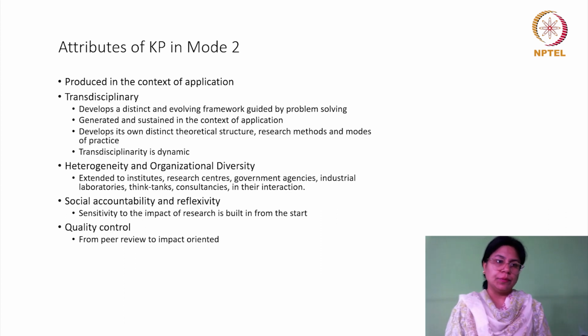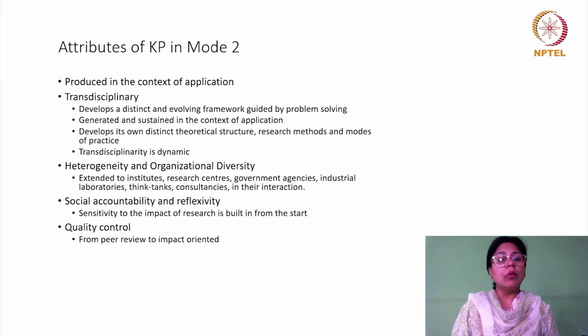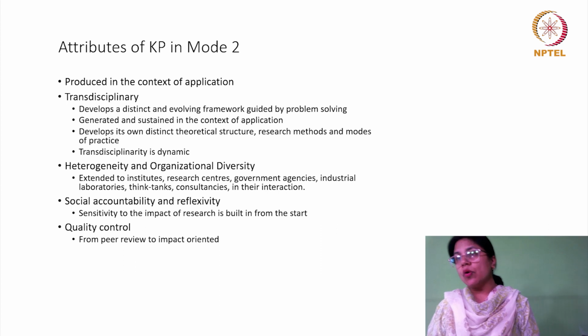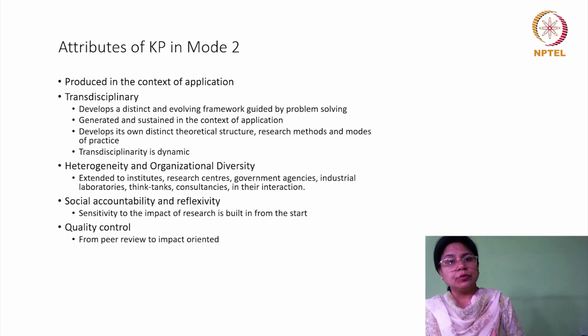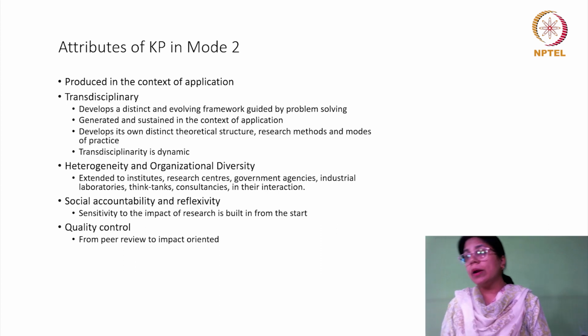So quality control is another aspect of knowledge production, and in mode 2 the quality control is no longer limited to merely peer review. In mode 1, the major focus through which quality control happens is peer review. And who are these peers?